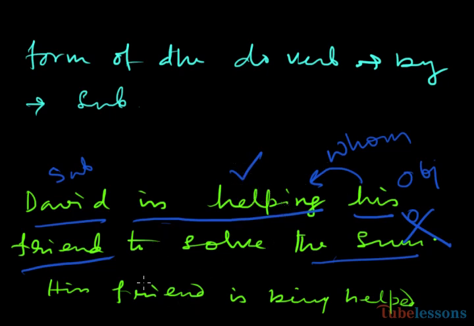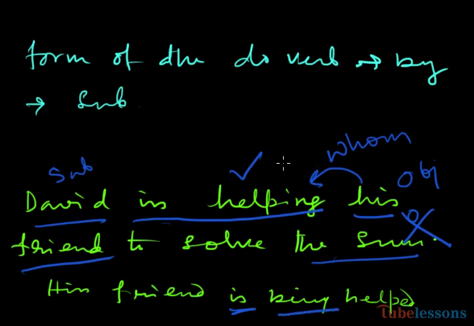So, how to change? It becomes easier to change the sentence when you get the subject, the verb and the object. So, his friend will come in the beginning. His friend. Now, this is in present continuous tense, so I hope you remember the rule of present continuous tense for passive voice. His friend is, this is the helping verb. Then for continuous tense, we are adding being.